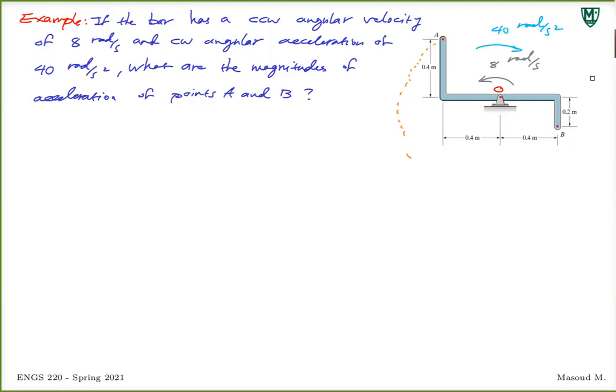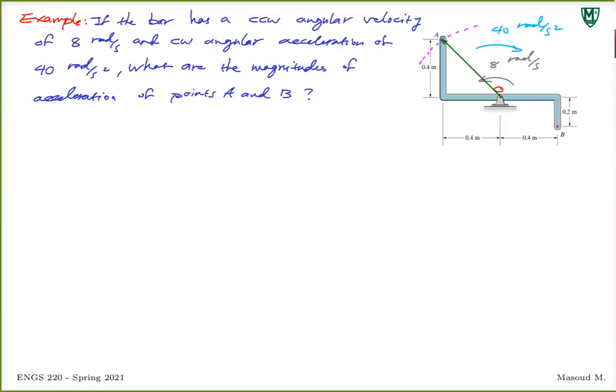So we want to find the acceleration of point A. Let's say this is a circular path that we have there, and let's go with this as the radius. It's happening around point O, the rotation.